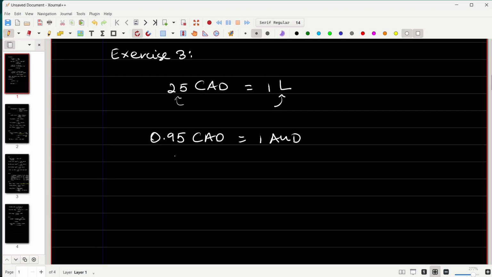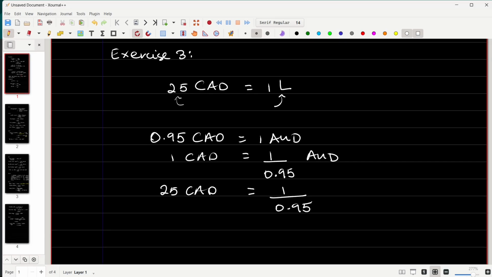Now, that means that 1 CAD would be equal to 1 over 0.95 AUD. Hence, 25 CAD would be equivalent to 1 over 0.95 times 25 AUD. And that is equal to 26.32 AUD.